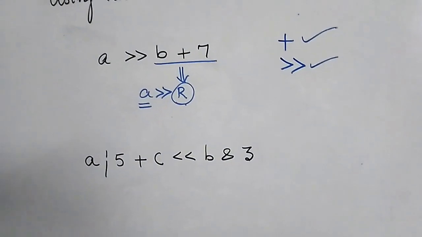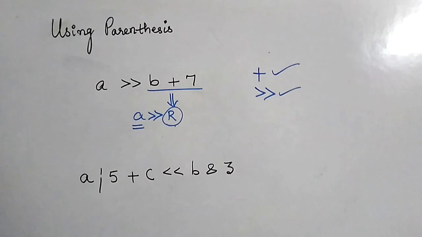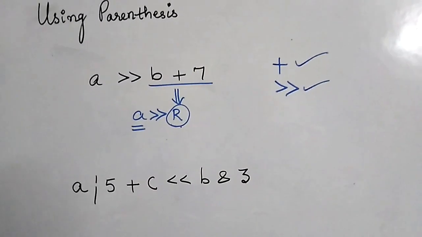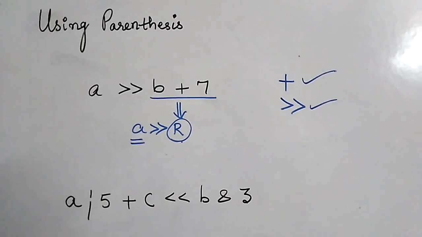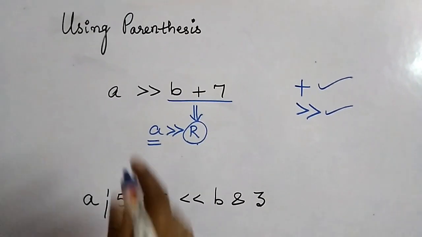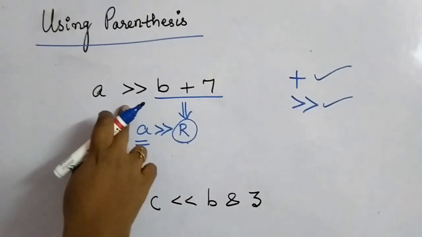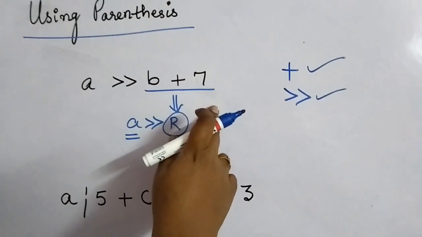But if you want your own result, with operations happening in the order you choose, you can do that ordering with the help of parentheses. Say I want the shift to happen first, and then the addition.